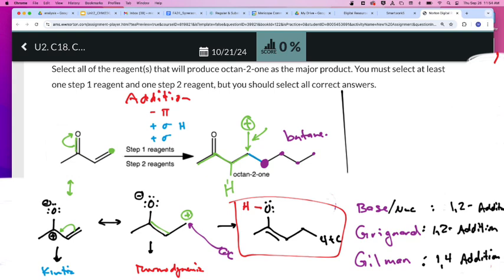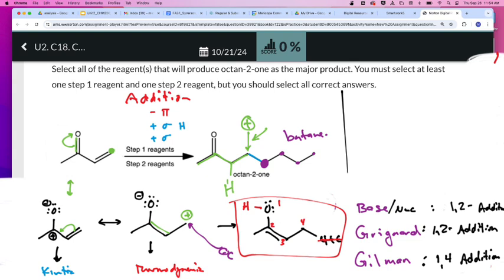Where did I add the hydrogen? To the oxygen. We defined it where we put the hydrogen as position 1. Where did the carbon go? 2, 3, 4. Ta-da, there's the carbon structure. I add the carbon at position 4 and the hydrogen at position 1. That's why we call it a 1,4 addition.